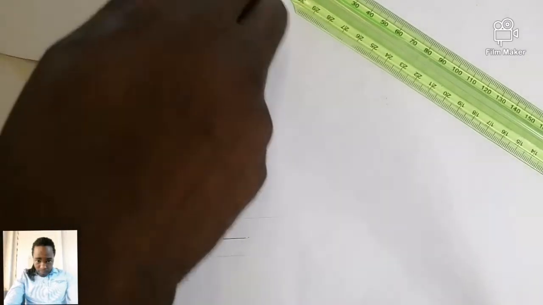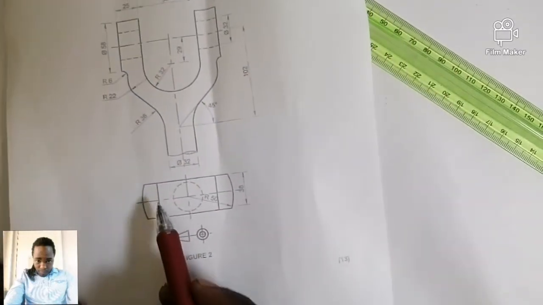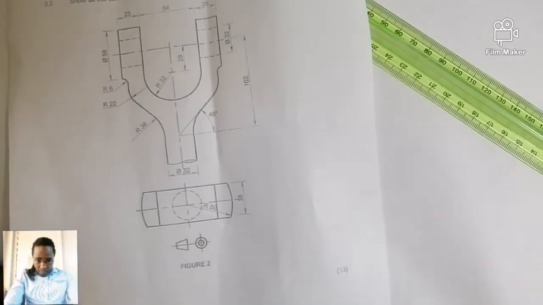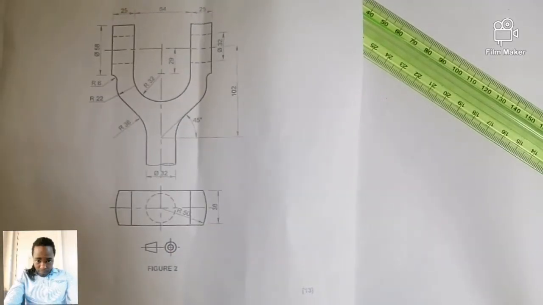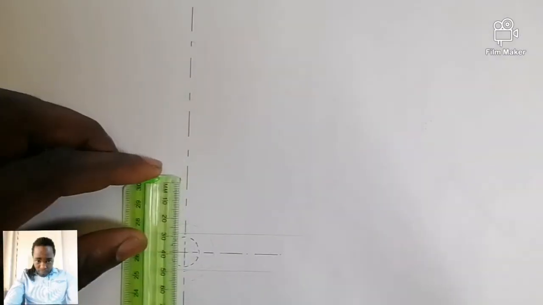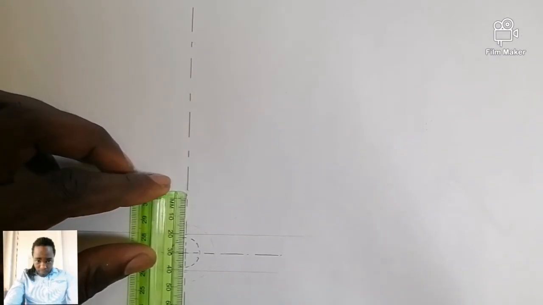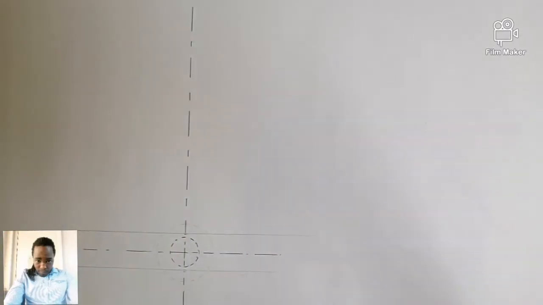Then after that, it seems like we don't know the dimension from here till here. For now, leave it. Then from here going up, I can measure 20 millimeter. We always space our views with 20 millimeter.